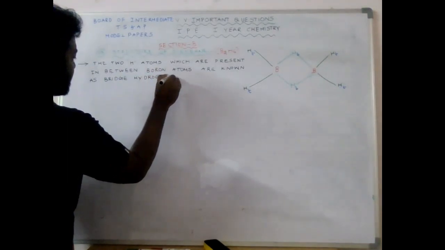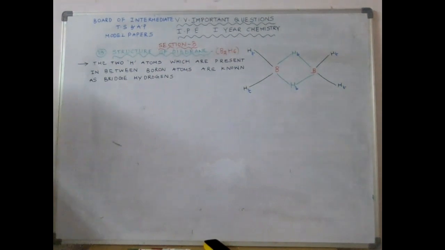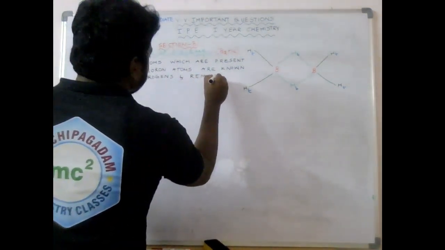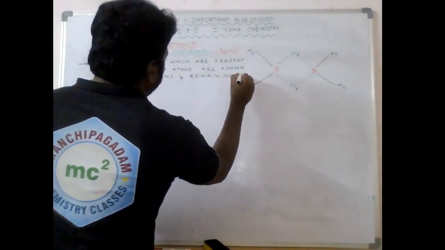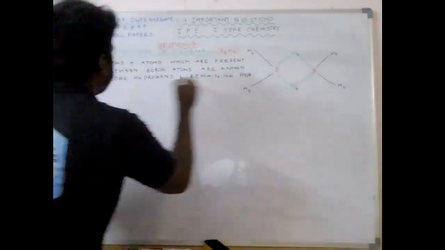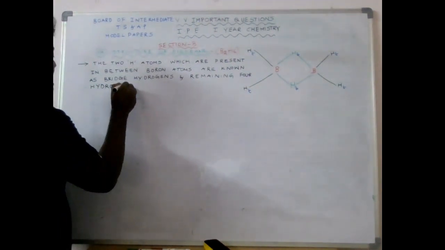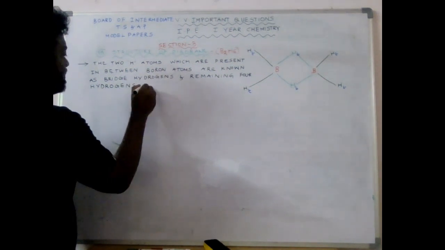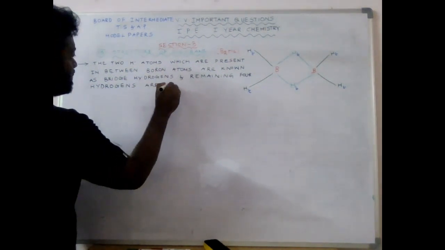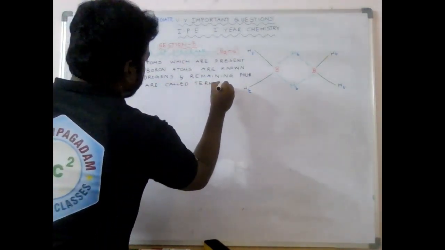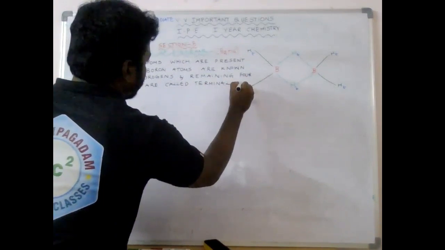We are just explaining that structure. The next point is what about terminal hydrogens. So we can continue: the remaining four hydrogens are called terminal hydrogens, T for terminal hydrogens.